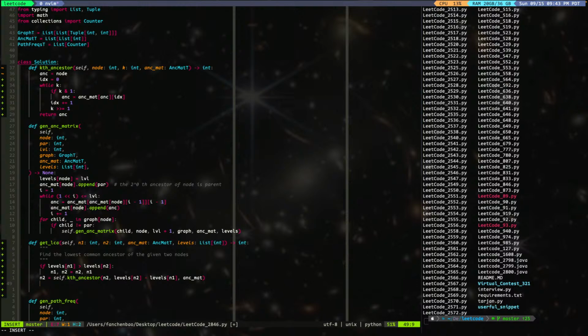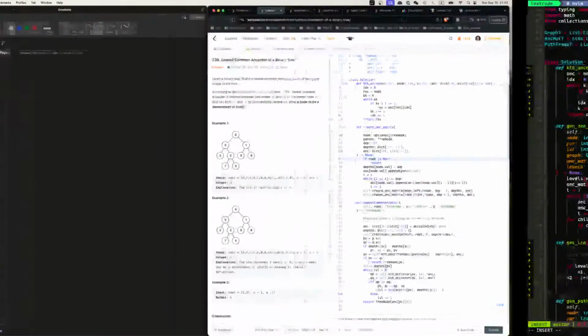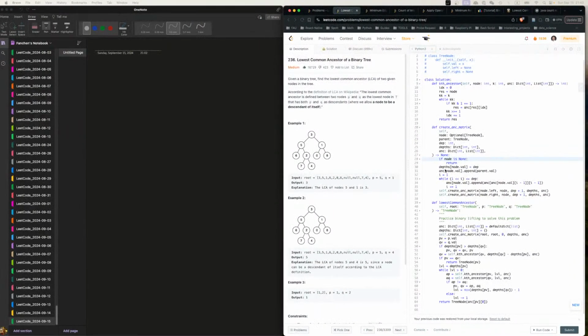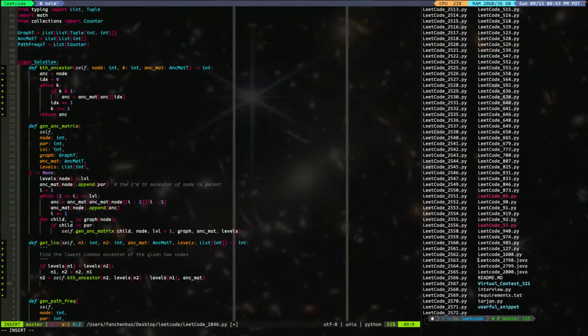So n2 is reset. Now n1 and n2 are at the same level. What's next? If they're the same, return it: if n1 is equal to n2, return n1.